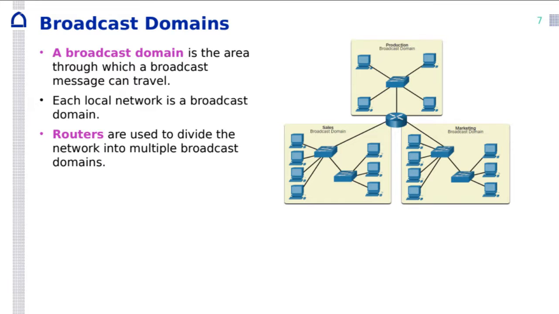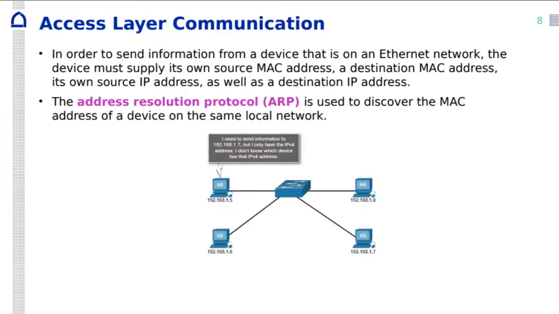And the last slide in this chapter: access layer communication. In order to send information from a device on an Ethernet network, the device must supply its own source MAC address, the destination MAC address, its own source IP address, as well as a destination IP address.